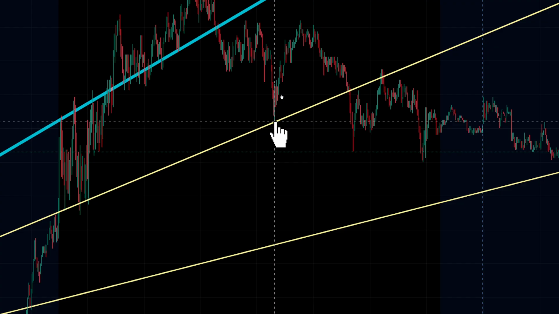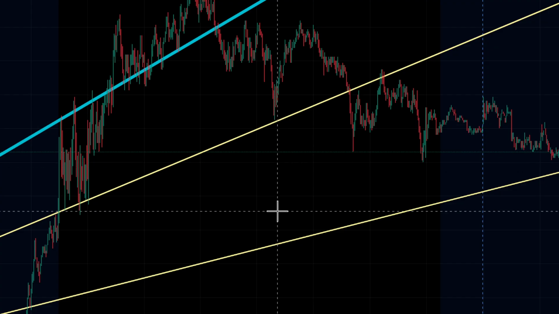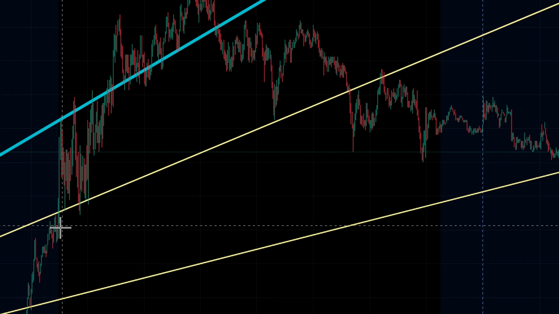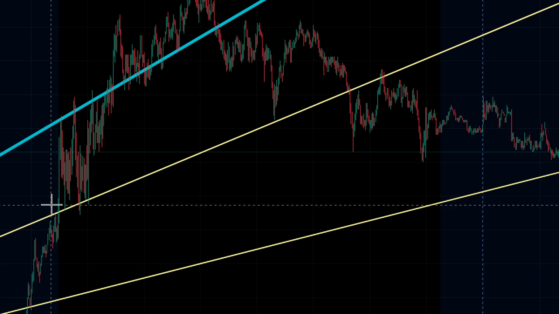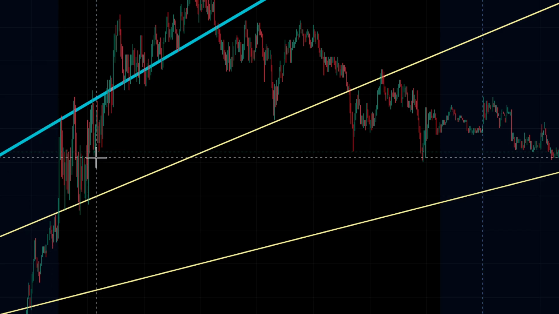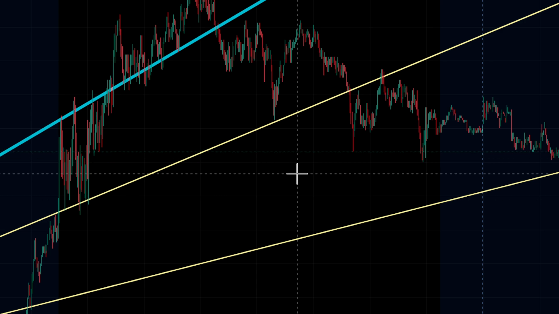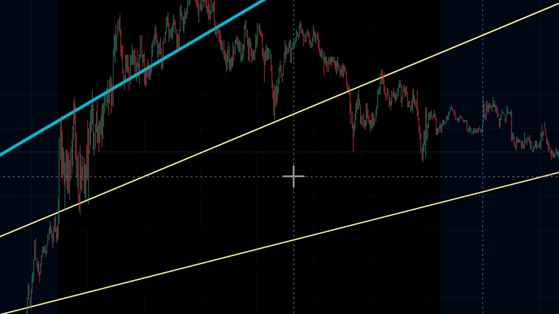The problem is your stop is way down here, unless you've got some other reason on the chart to have a stop in another place. Actually, I would put the stop right under this tiny little candle right there. But the point is, a lot of times they're not that great for trading as far as an entry, but they are fantastic for targets and exits because you know something's going to happen there.